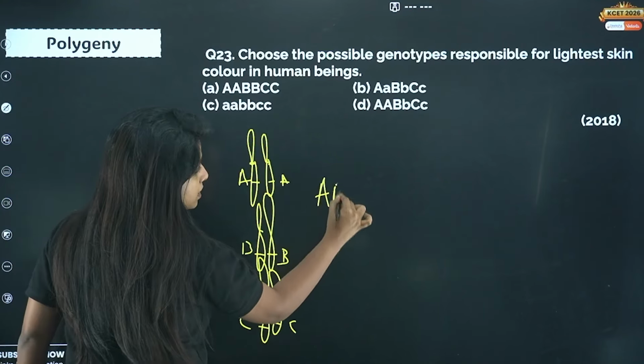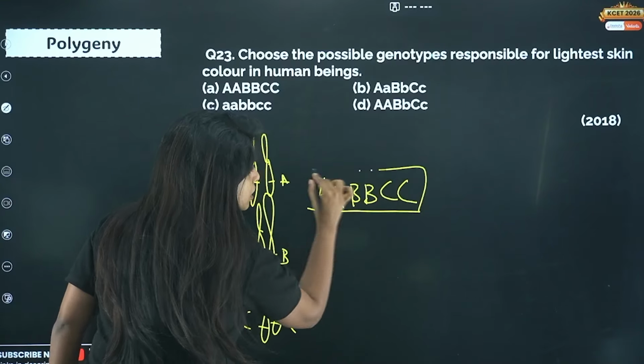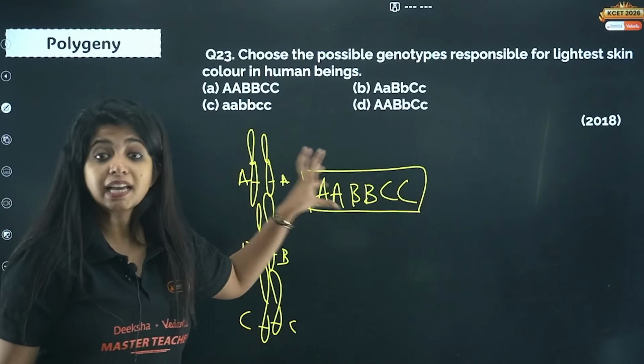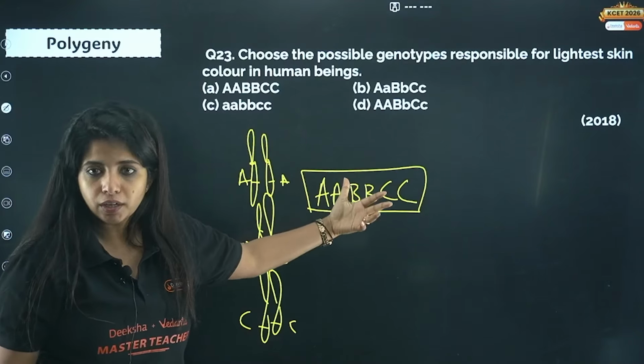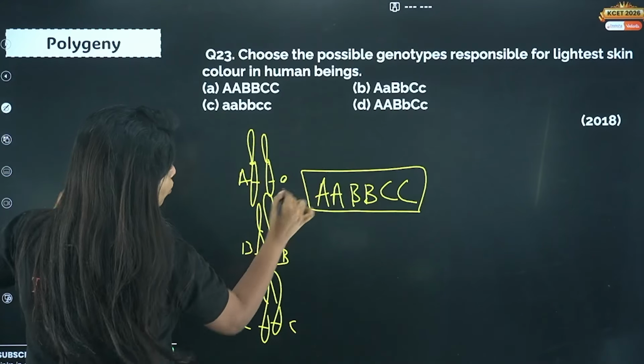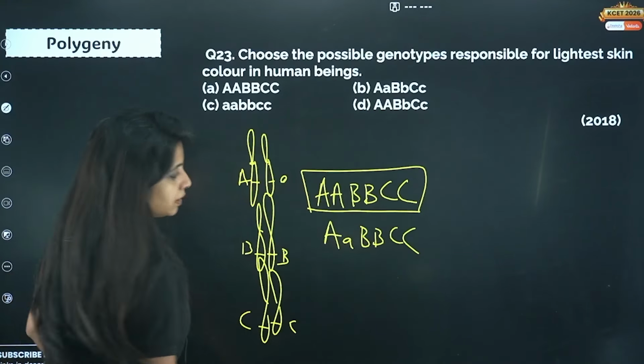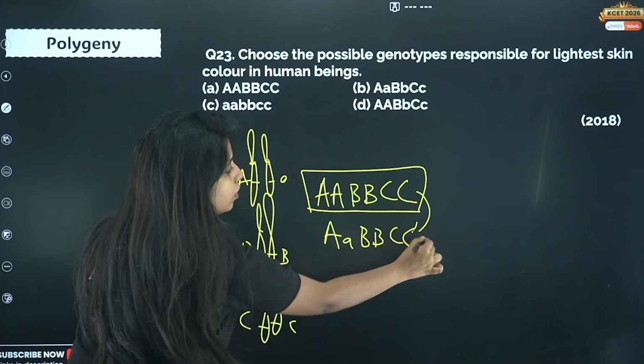That means the genotype is capital A, capital B, capital C. The person who has this has the darkest skin tone. Suppose it is not capital A, rather you have small a over here. Then it turns out to be like this. This person will have a lighter skin tone than the other person.